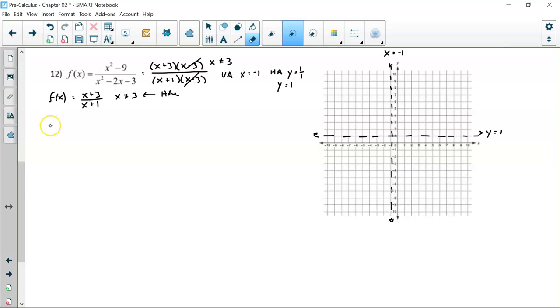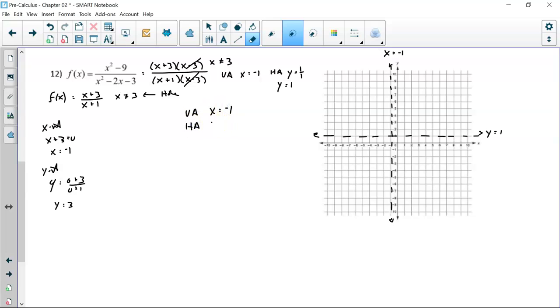All right, so let's set the real 0 of the numerator, x-intercept, x plus 3 equals 0, x equals negative 3. And for the y-intercept, y equals 0 plus 3 over 0 plus 1, so y equals 3. So our vertical asymptote, x equals -1.